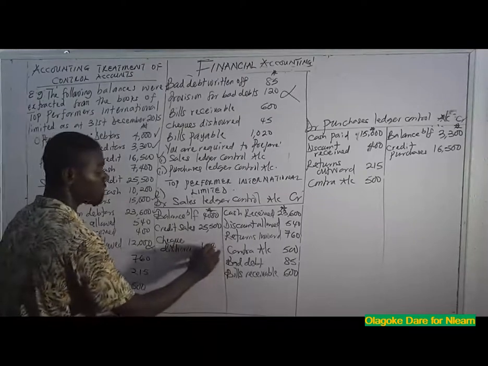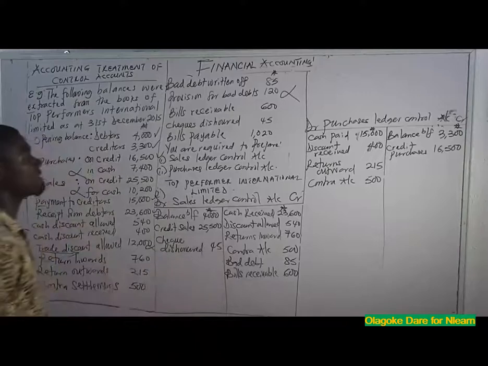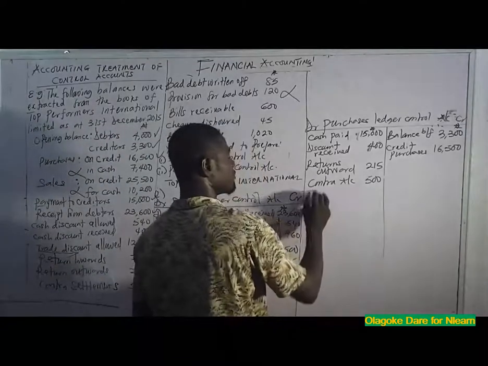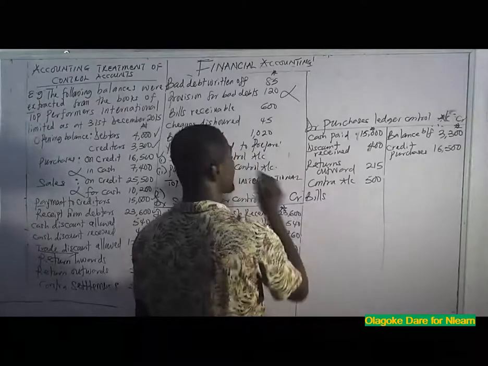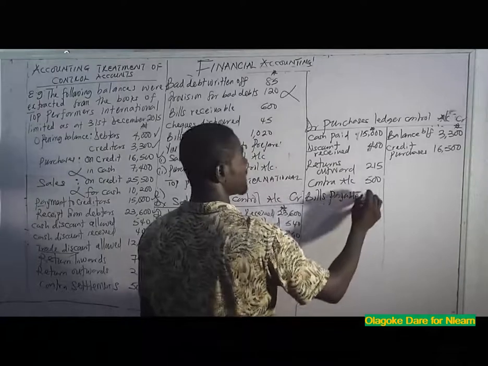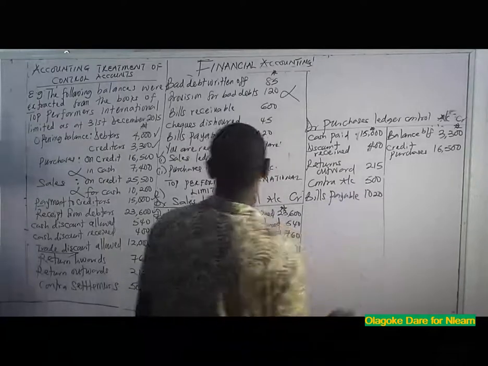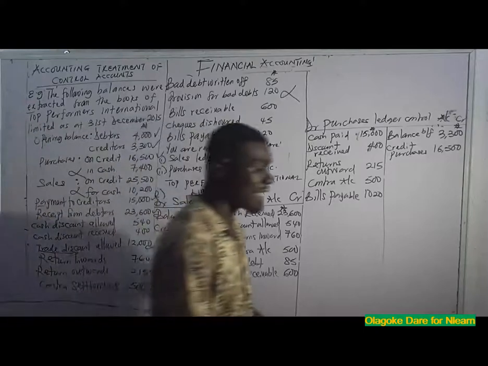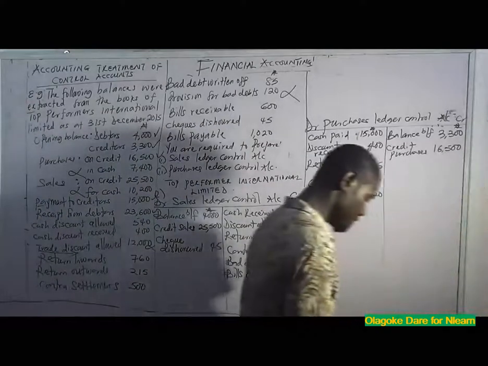So we have 45 because it increases the debt of customer. Then we have bills payable to reduce the amount owed to creditor. Bills payable. We have 1,020. So we are required to prepare. So we are going to determine the balance carried down for both.